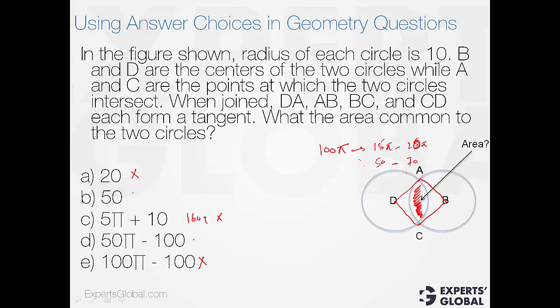We are between 50 and 50 pi minus 100. Only two options make some sense. See, the values are very, very close. Both the values are approximately 50. But then come to think of it, this is talking about area, and there is a curve involved. It is practically not possible to have an answer free of a pi in it. The answer that I have for the entire circle is 100 pi.